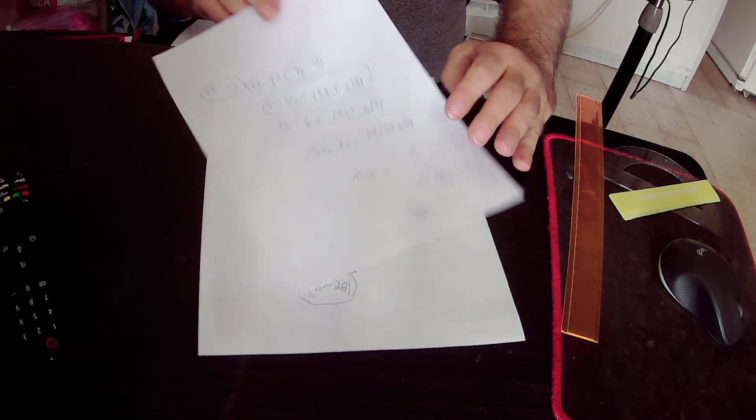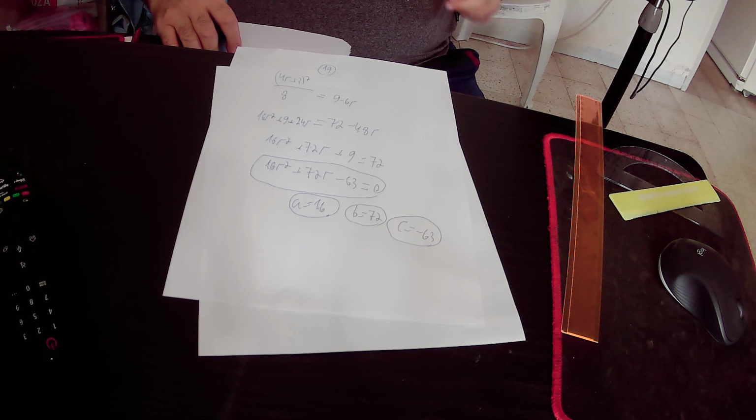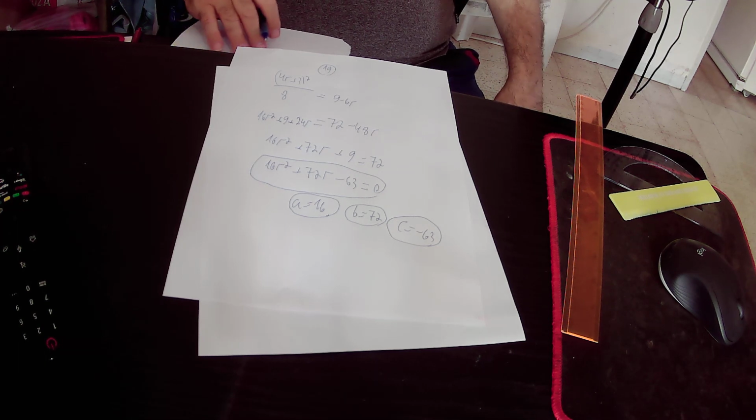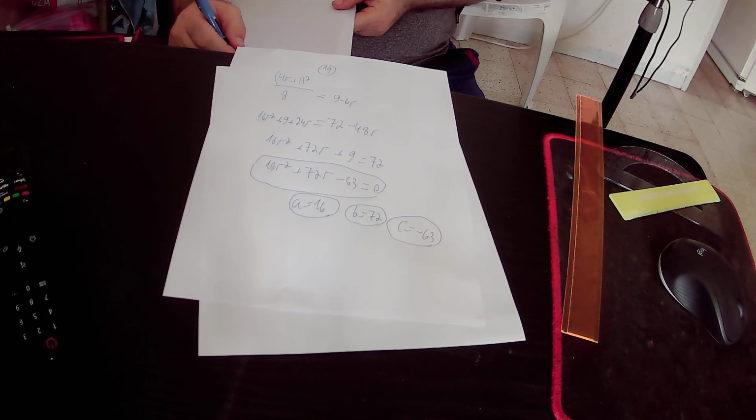Okay? And again we have the general solution for a quadratic equation, that is x equals minus b plus minus root of b squared minus 4 times ac over 2 times a.